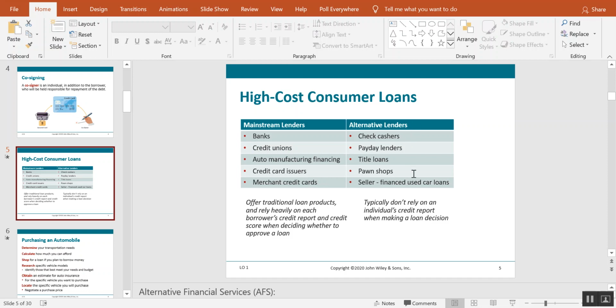The alternative lenders are extremely expensive to borrow from, like a check casher or payday lender. A check casher many times will cash your check for a substantial fee.